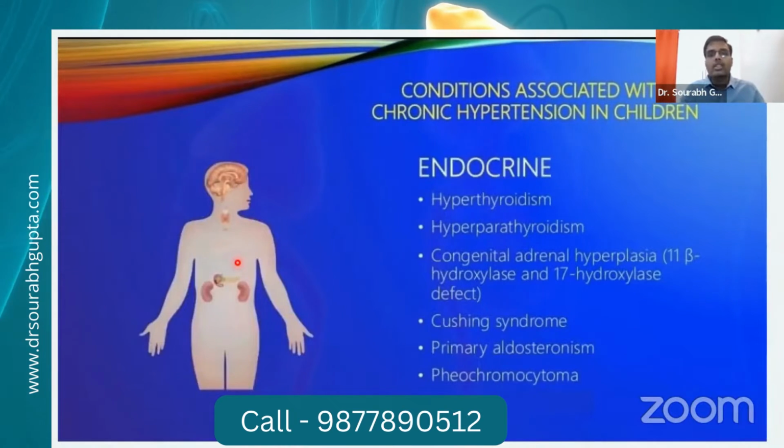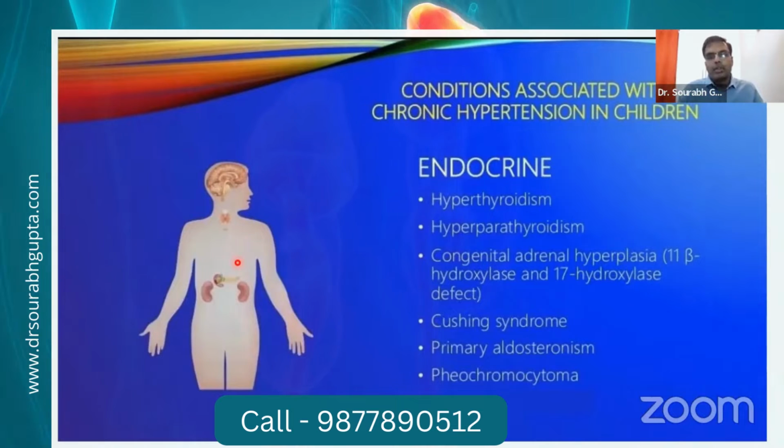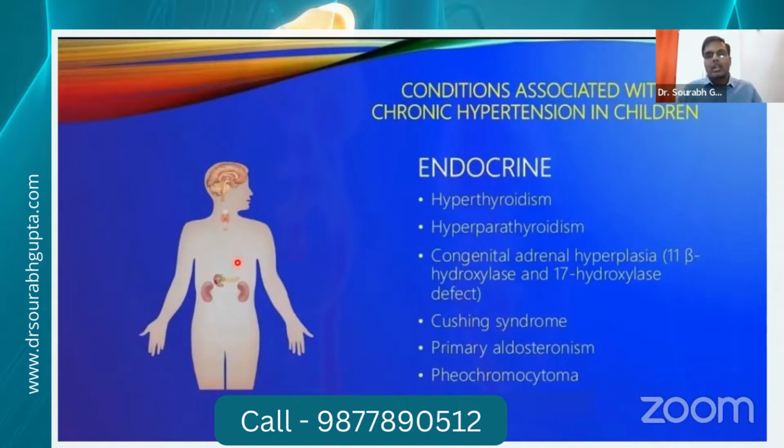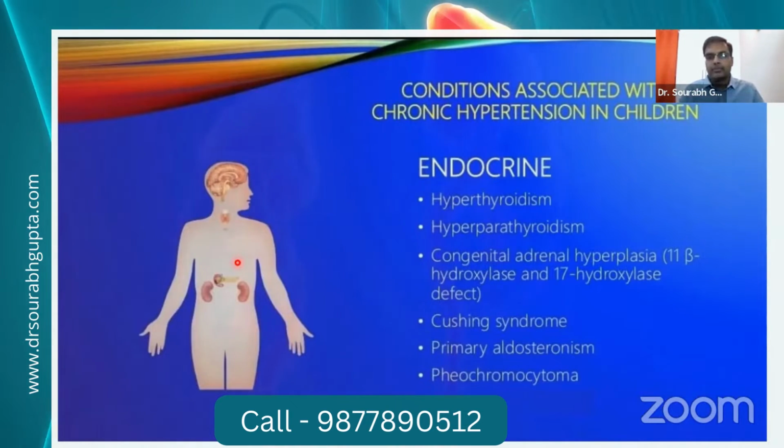Then endocrine causes like hyperthyroidism, hyperparathyroidism, and even hypothyroidism can cause hypertension. Then Cushing syndrome, primary hyperaldosteronism, pheochromocytoma, and two variants of congenital adrenal hyperplasia. They might be placed under monogenic causes, but they are endocrine causes also, like 11 beta hydroxylase and 17 alpha hydroxylase defect.